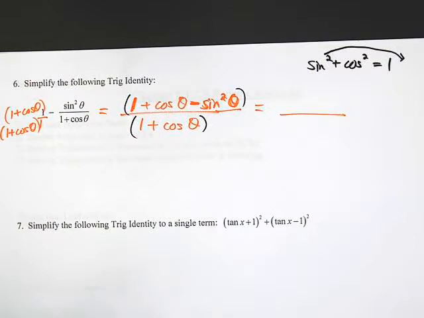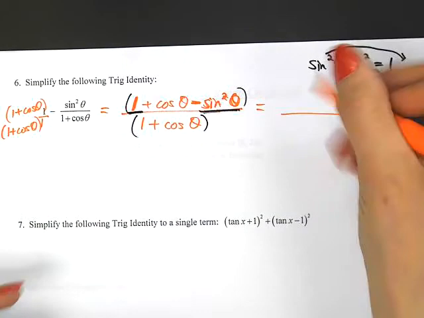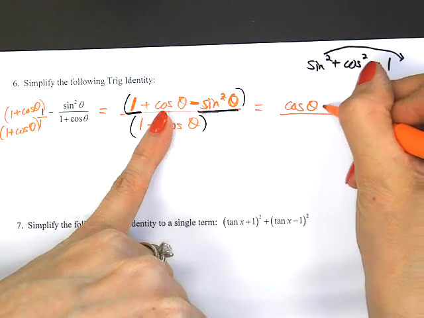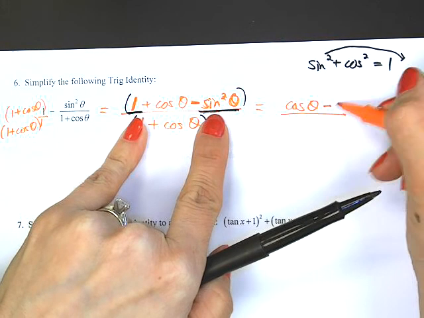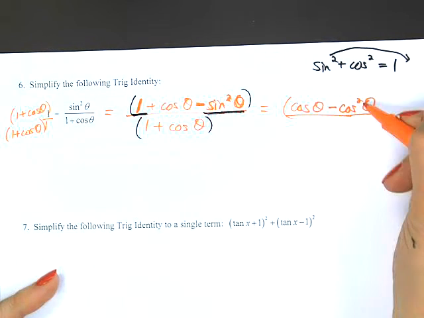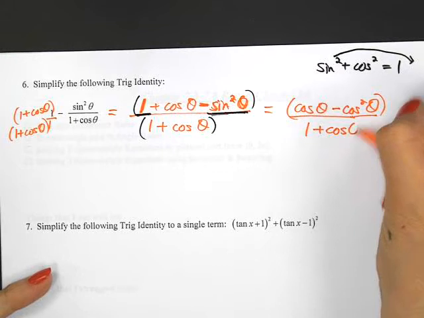So I'm going to replace these two things here with cosine squared. So I have cosine of theta from before minus cosine squared. Please put parentheses around everything just so you don't end up canceling something by mistake.